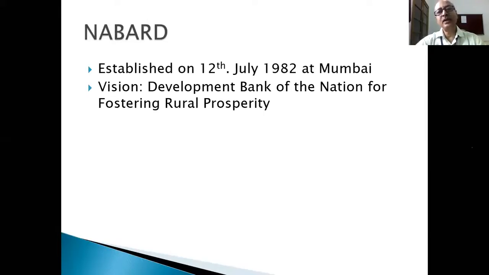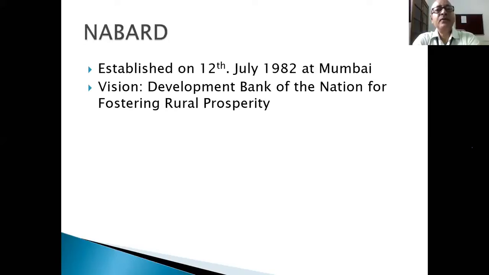Anything about agriculture credit, anything about project financing, anything about agriculture schemes, all those details will be available there. So right now the vision will also be available there.